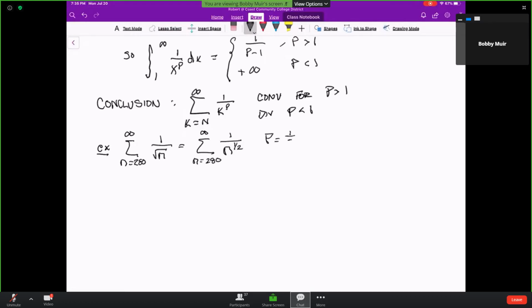So the p is 1/2, which is less than 1. That means it diverges.